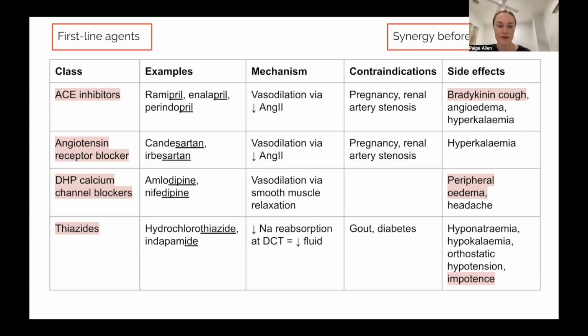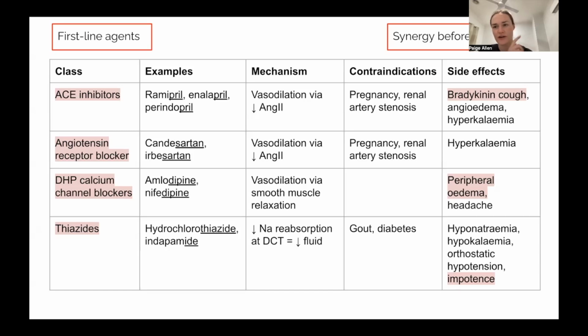And then the other one you can use are thiazides, like hydrochlorothiazide or indapamide. These ones will act on the distal convoluted tubule in the nephron to reduce your sodium reabsorption, and therefore you have less fluid getting drawn back into the bloodstream as well. Because of this, you do not want to be using these in gout and diabetes because the mechanism for how they work is quite related to the kidneys.